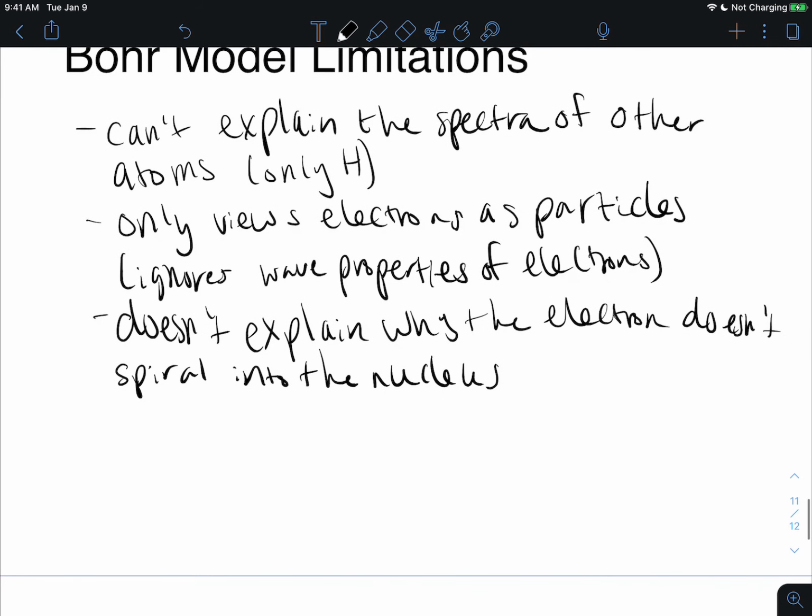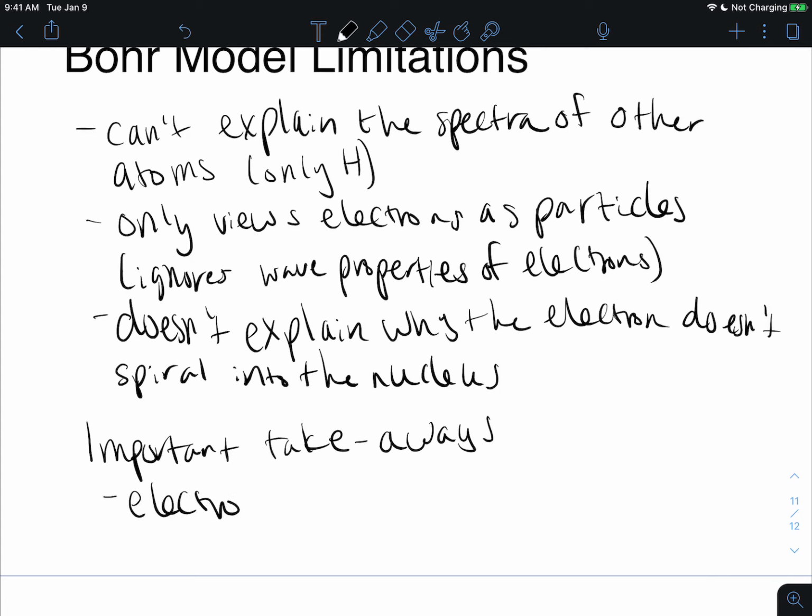Okay, so important takeaways, however, that we can take away from the Bohr model is, of course, the idea of those discrete energy levels.